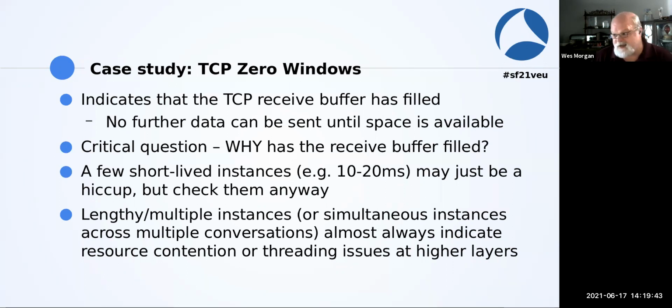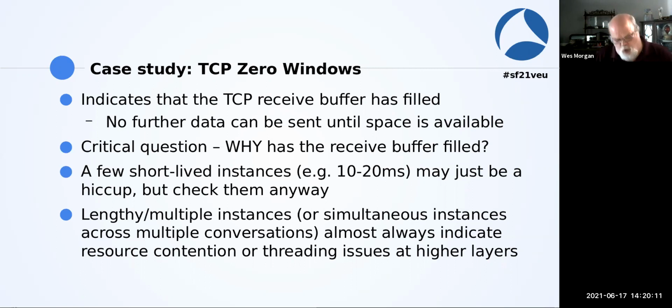Now, the short answer to that question is, well, the application isn't retrieving data from the TCP receive buffer in a timely fashion. Right, that's the obvious part. You're going to need to talk to the OS and application folks to determine why the receive buffer is filling up, why the application isn't coming down to retrieve data in a timely fashion.